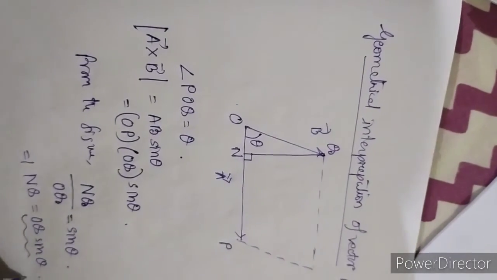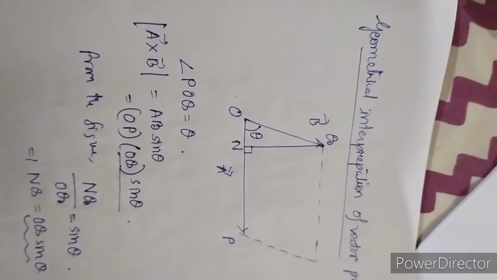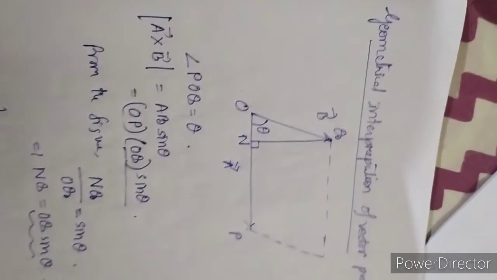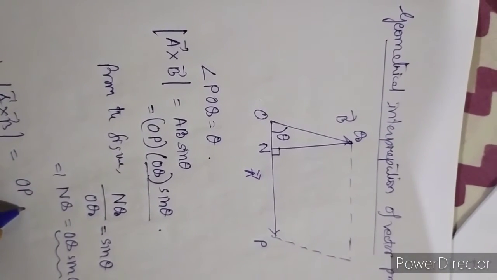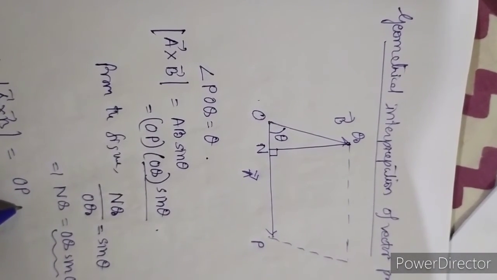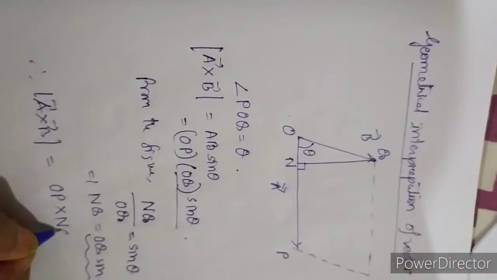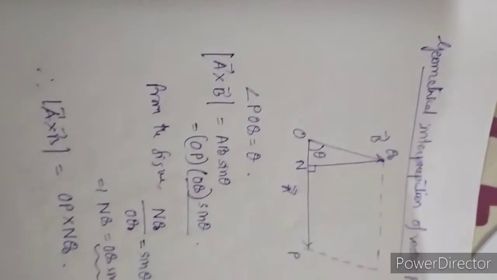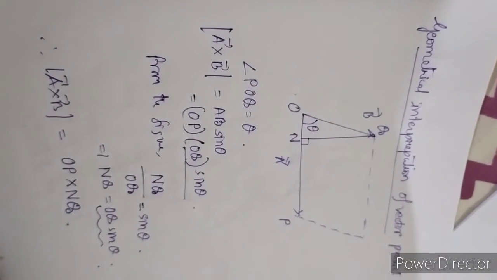So OQ sine theta is nothing but NQ. So what can I write? The magnitude of A cross B is equal to OP into NQ. Done?